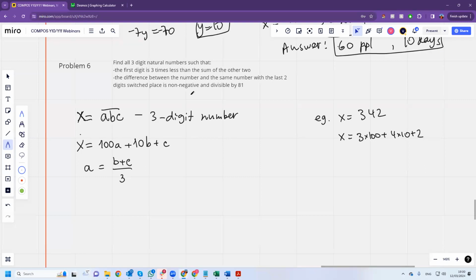The difference between the number, so X minus the same number with the last 2 digits switched place. Let's call it X star.